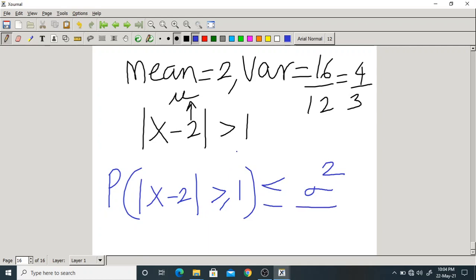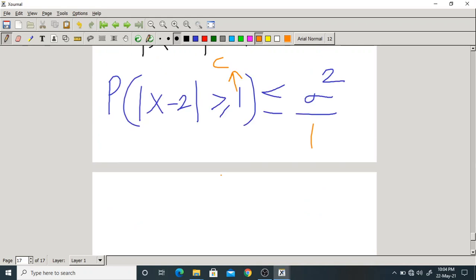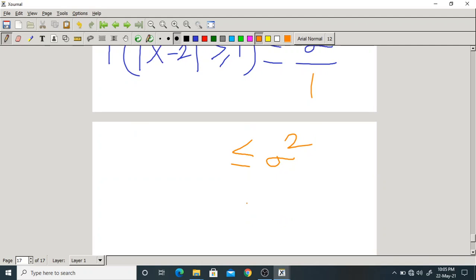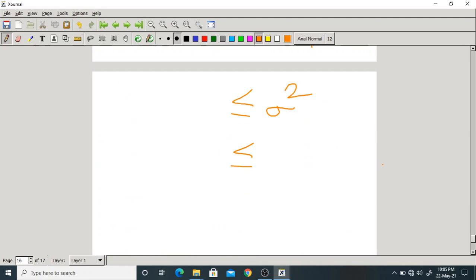What is c here? c is 1. So this is less than or equal to sigma square, which means simply the variance, that is 4 by 3. So that is the answer using Chebyshev inequality.